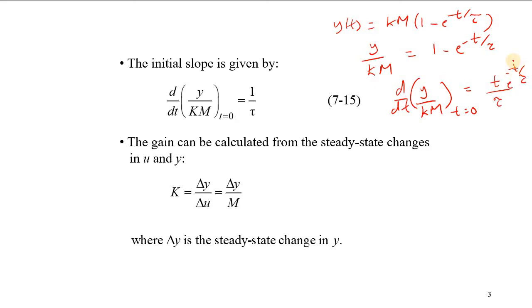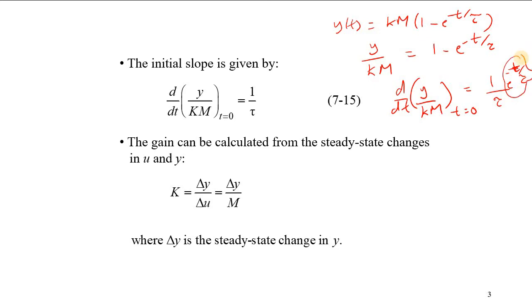Sorry, it is not t over tau, it's 1 over tau, because we are taking the derivative of t over tau. And since t is equal to 0, this term will drop to 0.